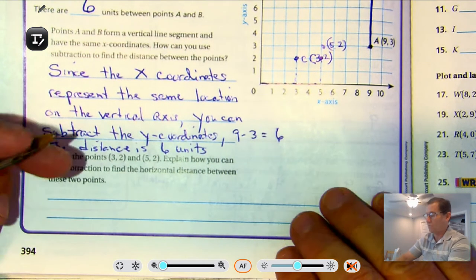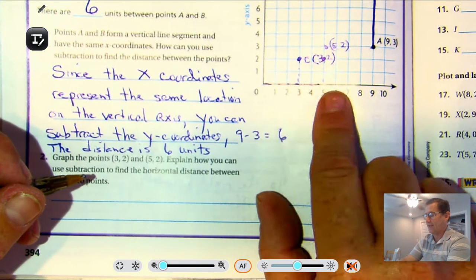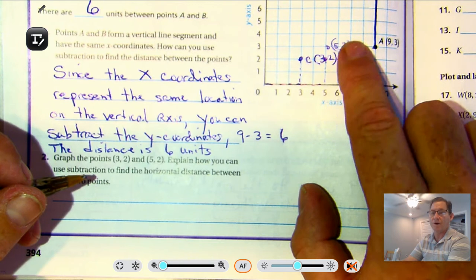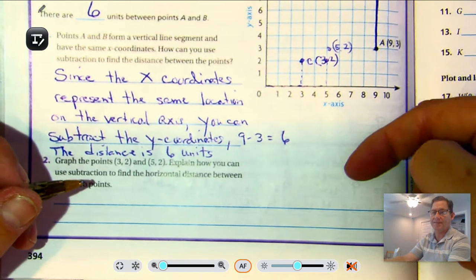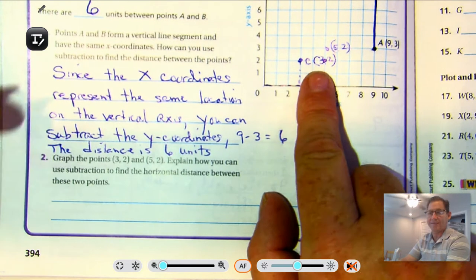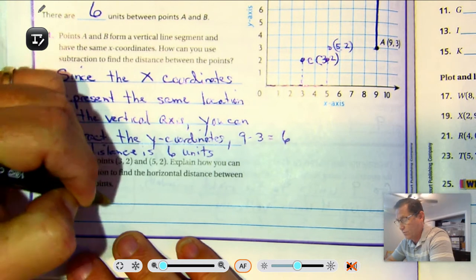So what can we do? We notice that the distance along the x-axis is the same as far as 2, right? It's 2 away from the x-axis. So all we have to do is subtract the x's.